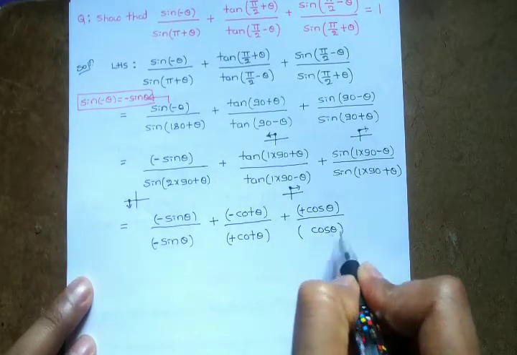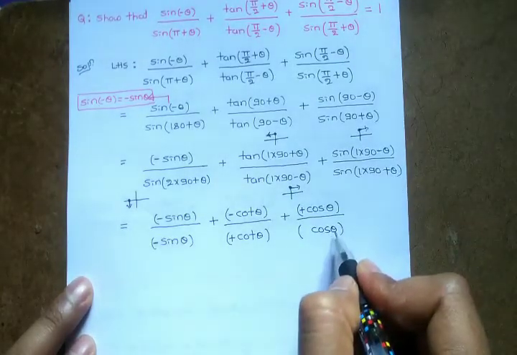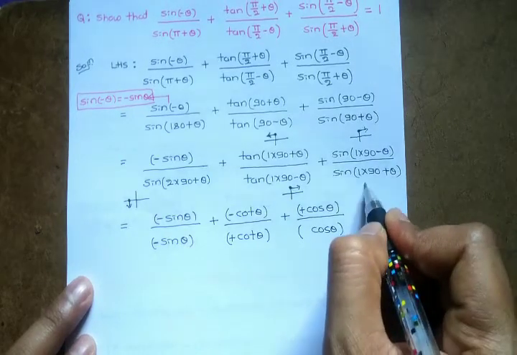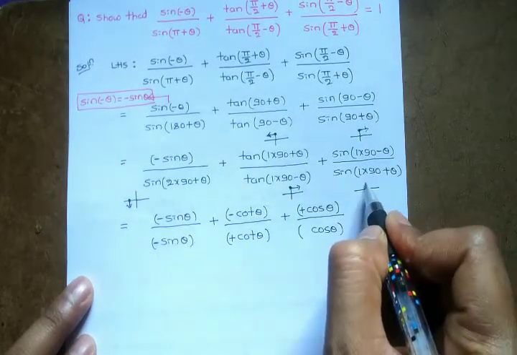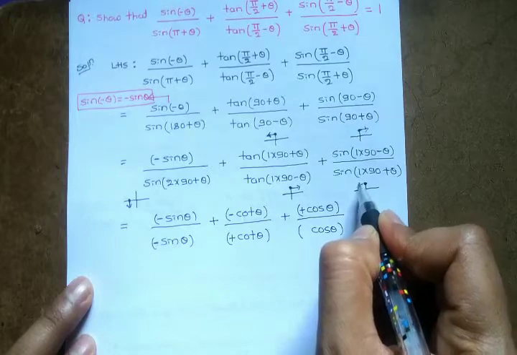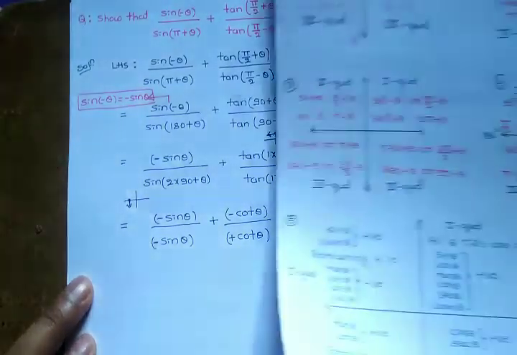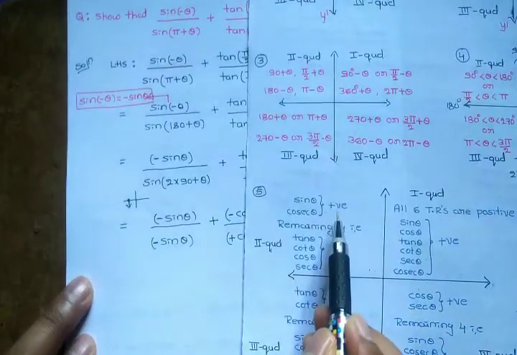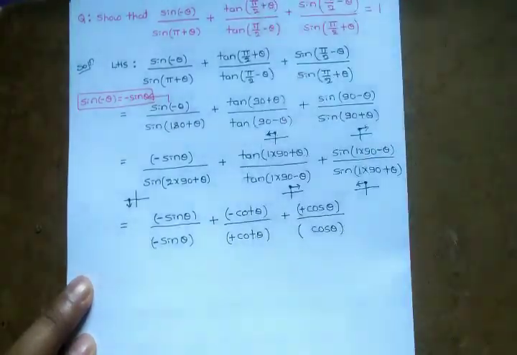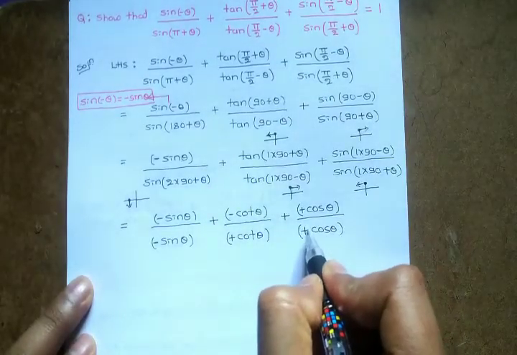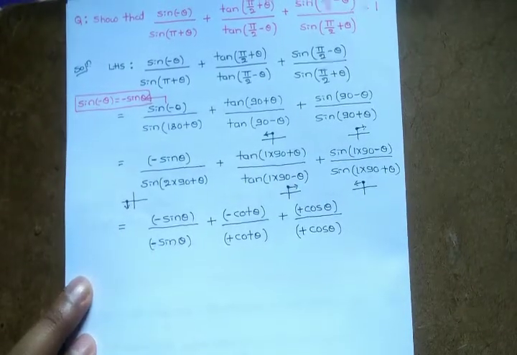Cos theta, and then angle theta keep it as it is. 1 plus, so plus sign. 0 1 here, plus means next quadrant, means second quadrant. You know, in the second quadrant the sign is which sign? Positive sign. Therefore here you mention plus. Here you mention plus.